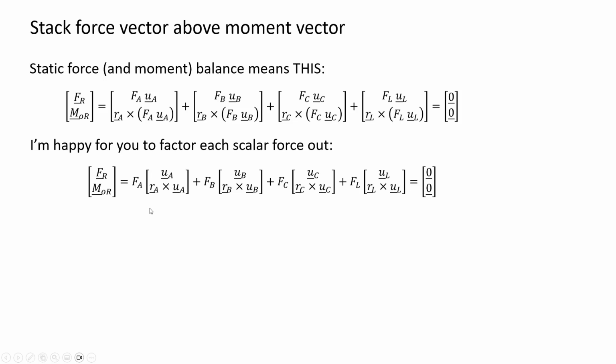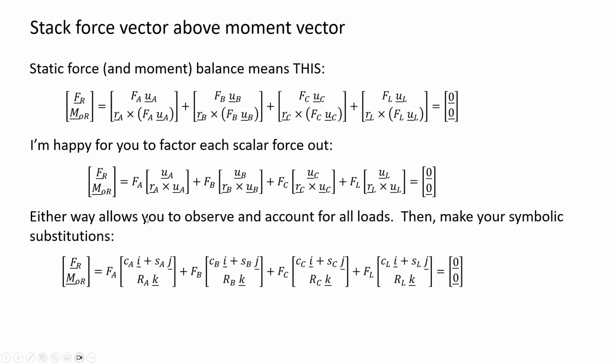So we're ready to go, maybe even symbolically now, to plug in what my UA is, what my UB, UC, UL are, and then my moments. Since we're dealing in the plane today, they're all going to have that K, and I've been using the capital R to designate the assigned magnitude of those values, as we know.